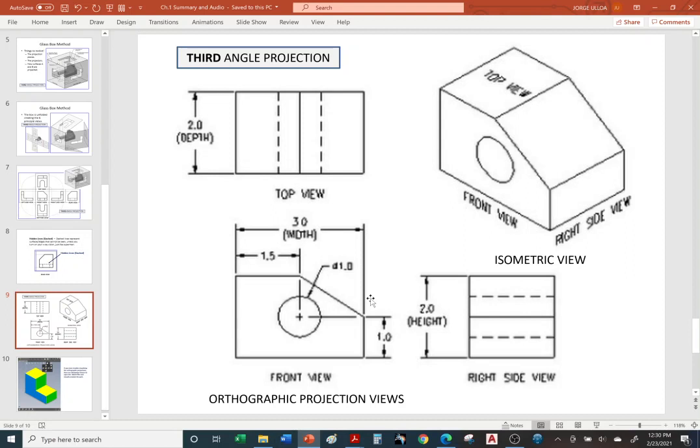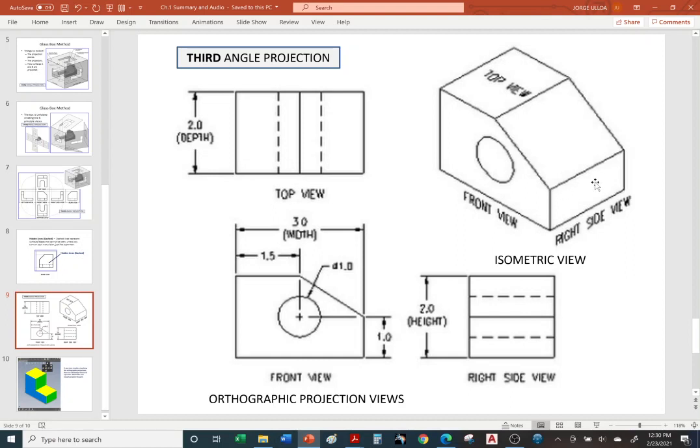Okay, so we're going to keep working on orthographic projections. We're not going to draw any more isometric views for the rest of the class, but later on I will provide some extra credit for those of you that want to draw isometric views using AutoCAD.